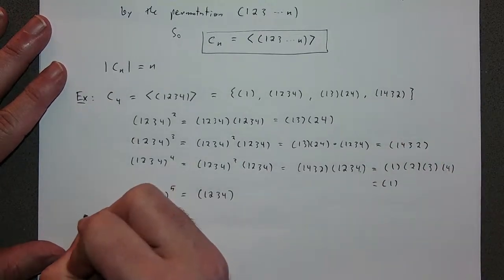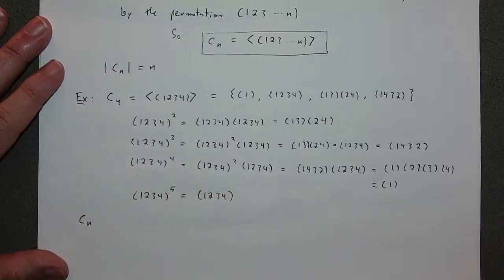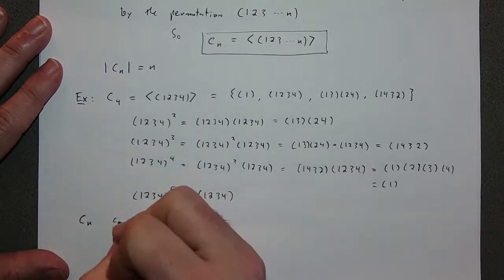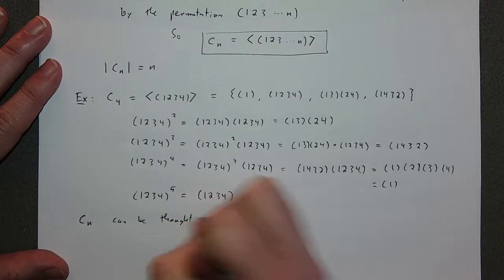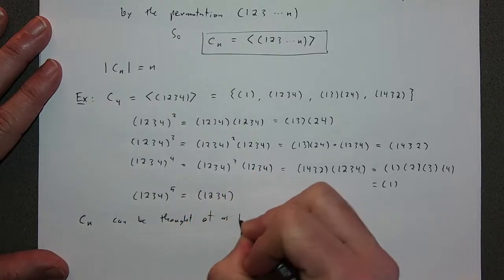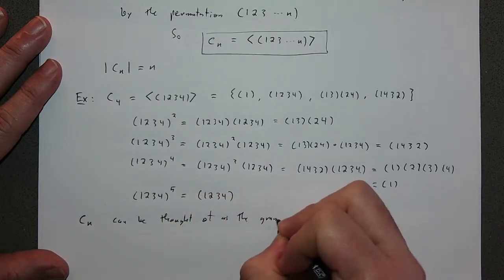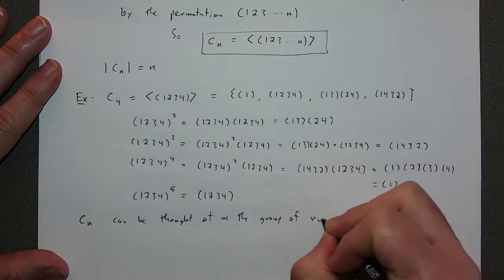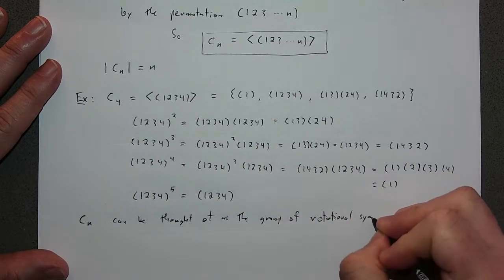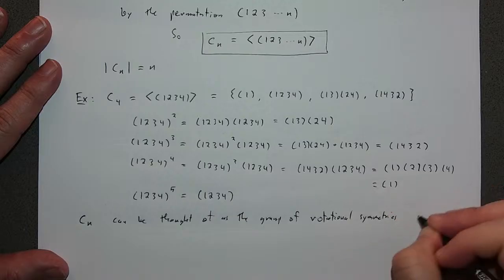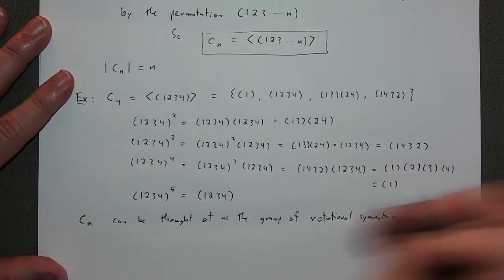Okay. How to think about this? C sub n can be thought of as the group of rotational symmetries of a regular n-gon.